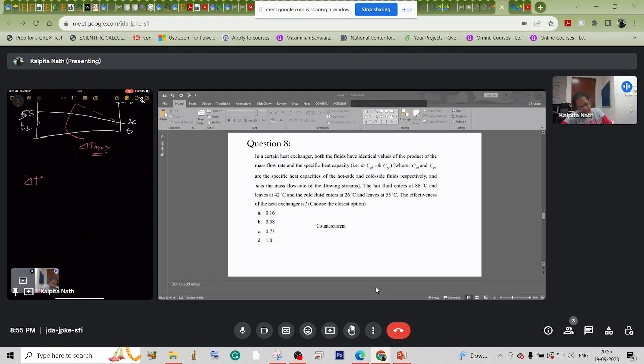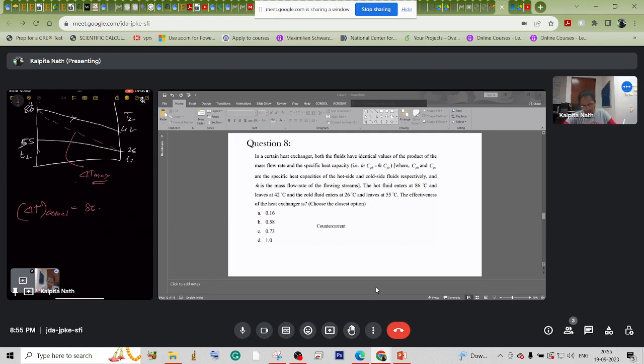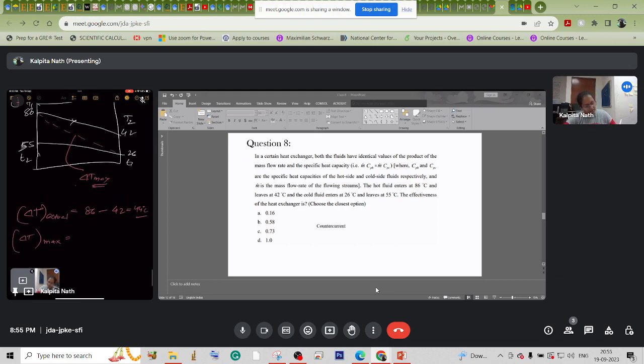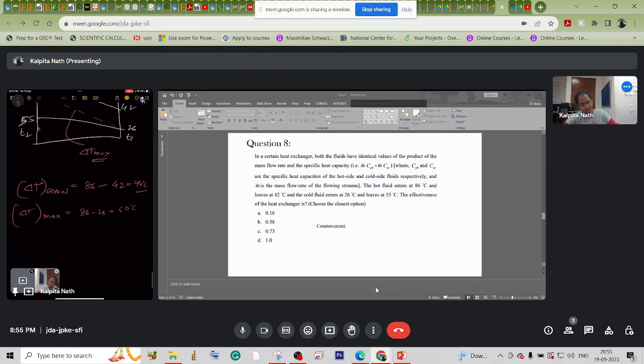Now delta T actual is the temperature that is changed in the hot fluid or in the cold fluid as well: 86 minus 42, that is 44 degrees Celsius. Now the delta T maximum temperature difference will be this one, that is 86 minus 26, this is 60 degrees Celsius.